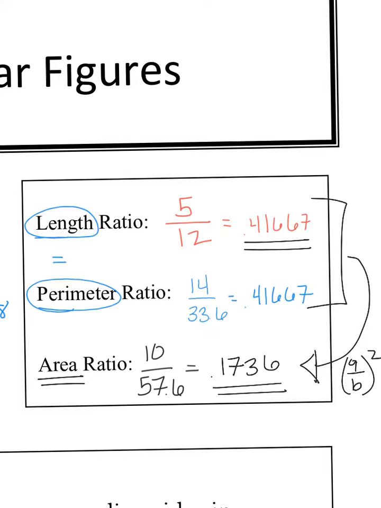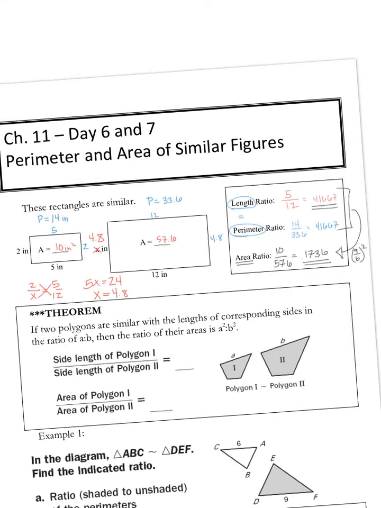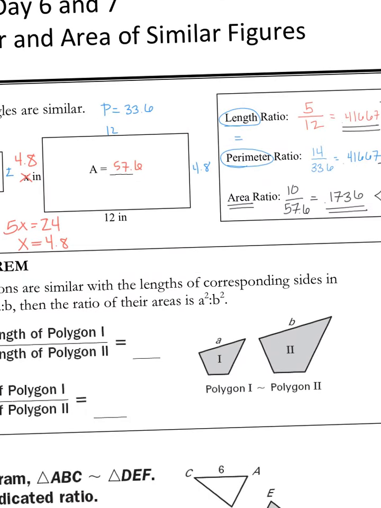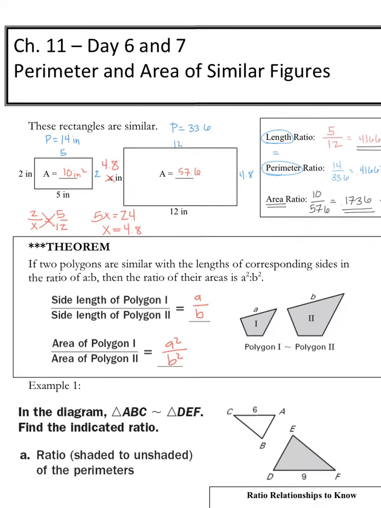Area is units squared. So this is our theorem. If we have A over B, because that's our A and B right here, then your area ratio is going to be A squared over B squared. So that's how we find it.